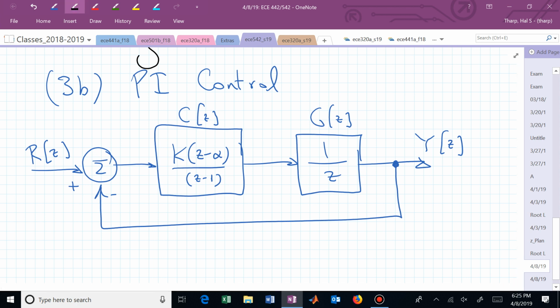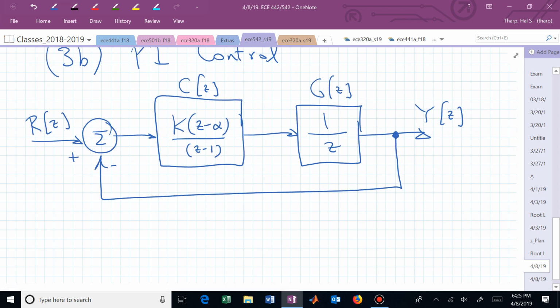What's my closed loop transfer function? Expression-wise, what's T sub C of Z? That hasn't changed, has it? It's still CG over 1 plus CG.